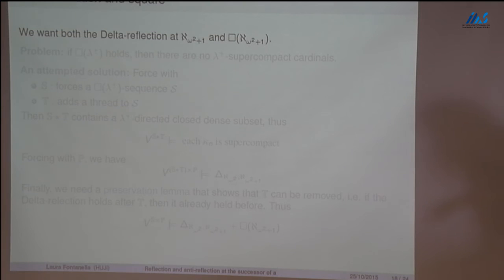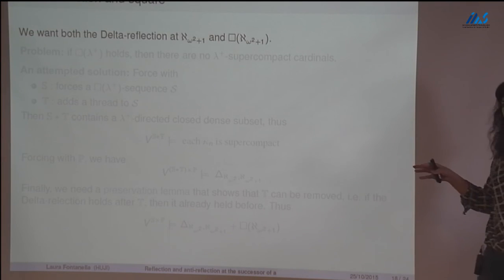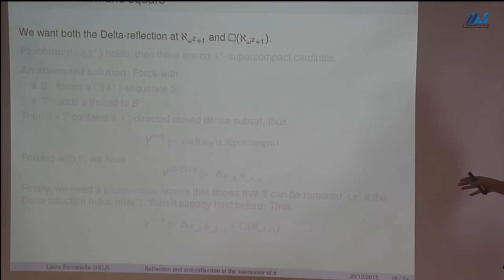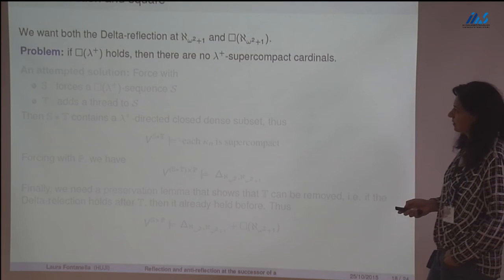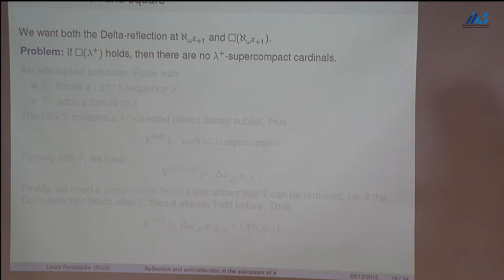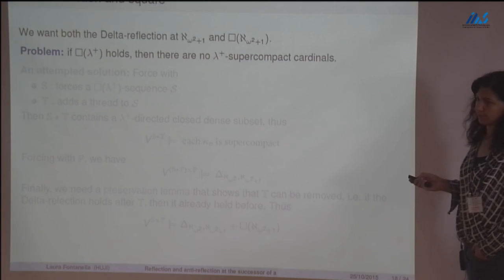So we want the delta reflection and the square to hold simultaneously. We know how to get the square individually, and we know how to get the delta reflection individually, but to put them together is a different thing. The main problem is that if you first force the square sequence and then you would like to force with Magidor-Shelah forcing, after you force the square sequence the kappa n's are no longer supercompact.